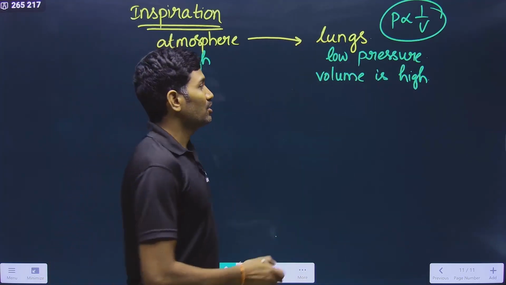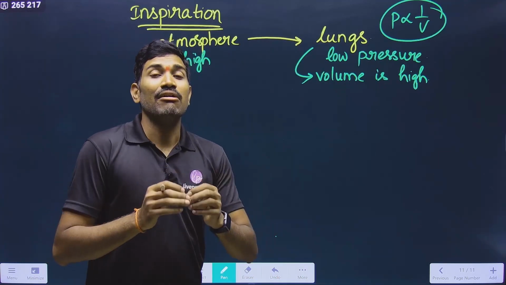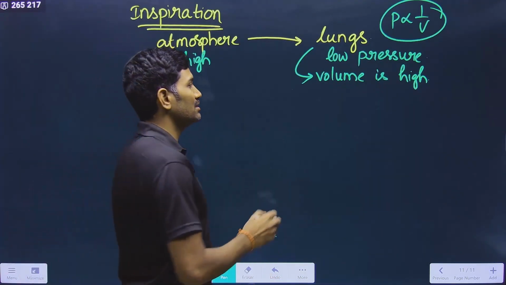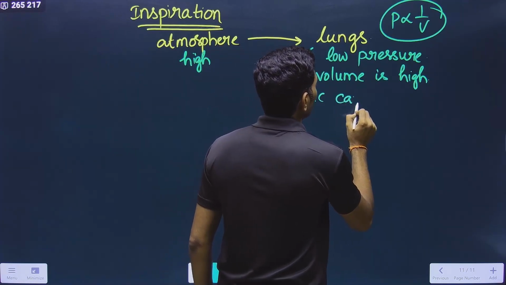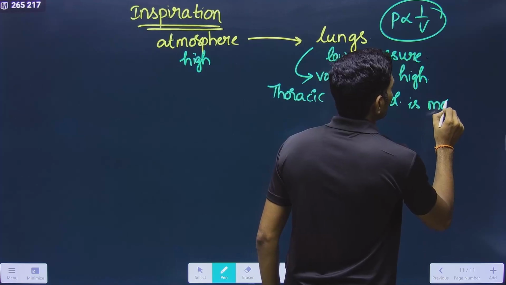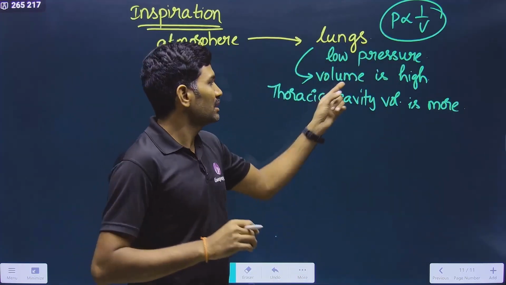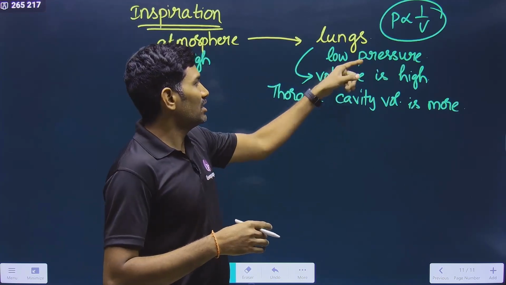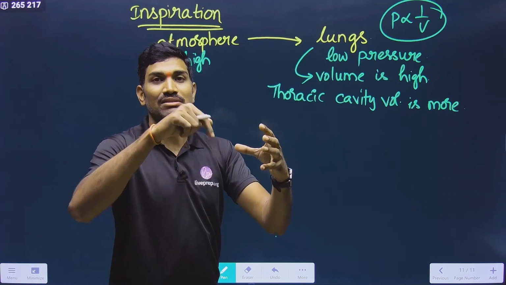So when the lung volume increases, when thoracic cavity volume increases, I already told you, if thoracic cavity volume increases, lung volume increases, and so the pressure inside the lung decreases.